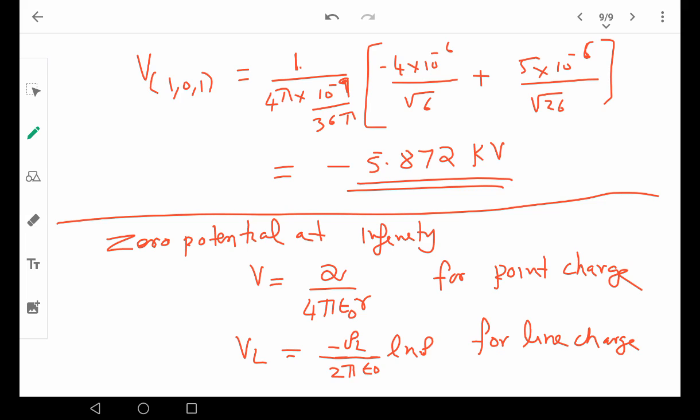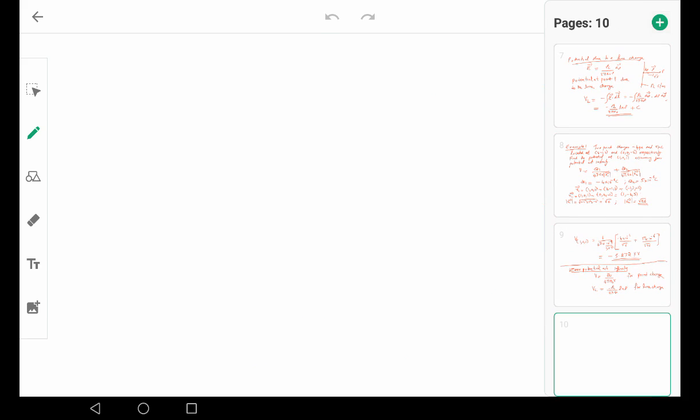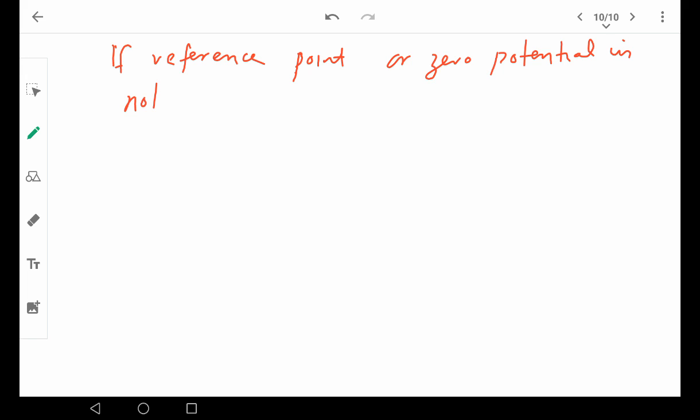Suppose the zero potential or reference point is not at infinity but at any other specified point.